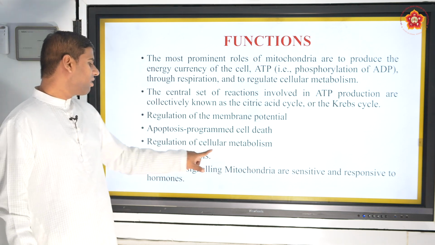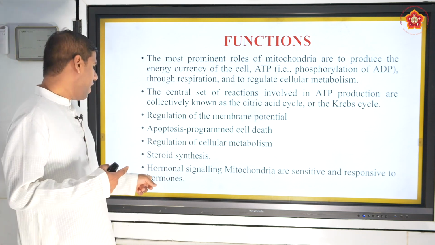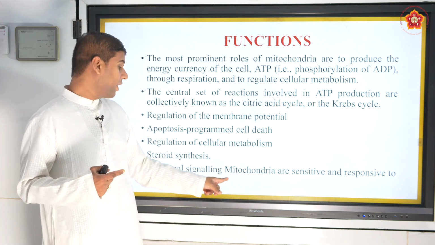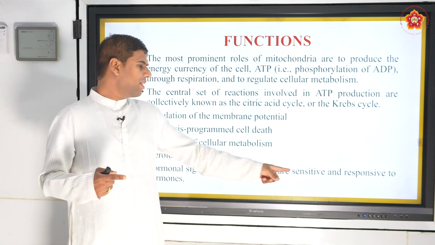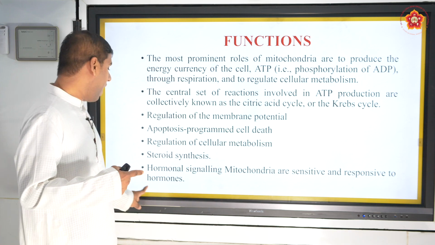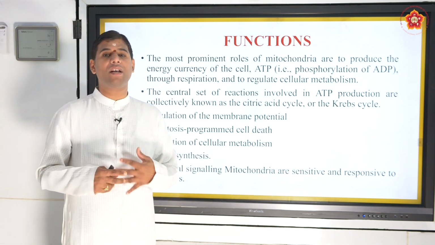And steroid synthesis, the synthesis of components called steroids. And hormonal signaling, okay, so hormones are sent from one part to another. And then you have sensitivity and responsiveness to hormones, alright. These hormones come from ductless organs.